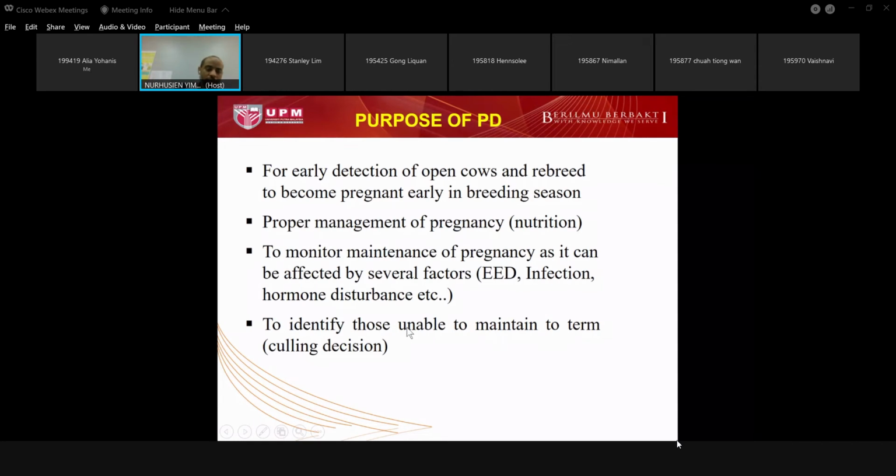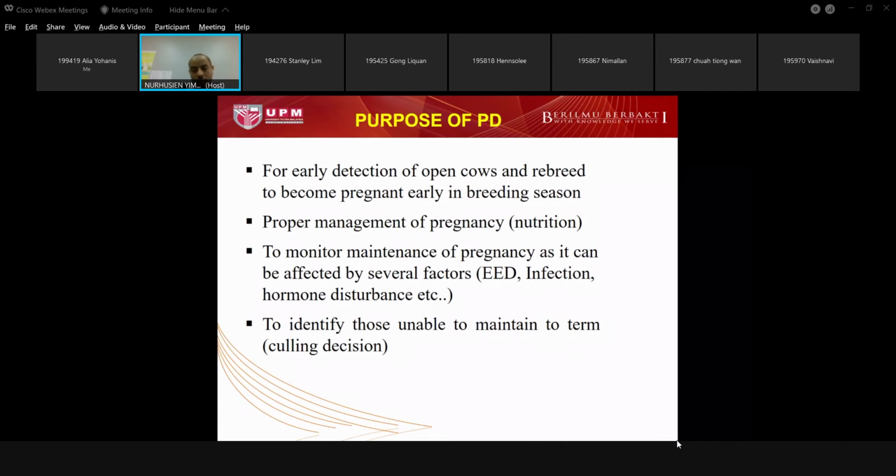The other purpose is to identify those animals which are not capable of getting pregnant, meaning that it will help you make a decision on culling. There are animals which are not performing well, which are not able to conceive, or animals which we refer to as repeat breeding animals, or repeat breeder cows, for example. Those kinds of animals are not economically feasible to keep on the farm, so at some point you have to make a decision.